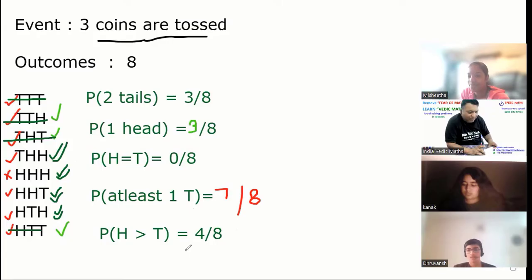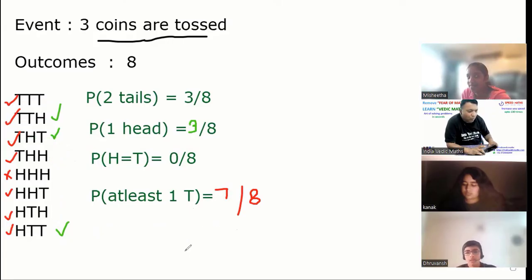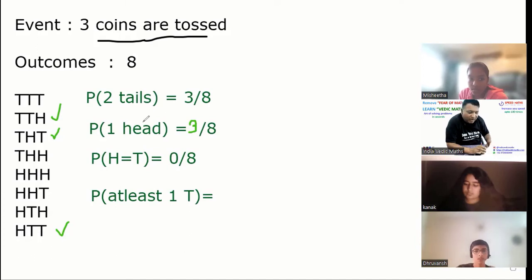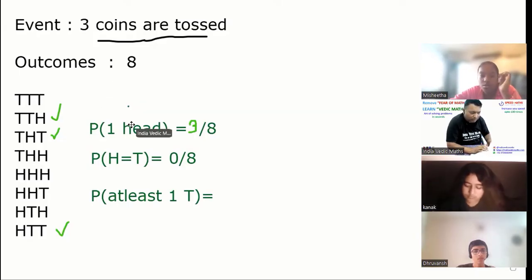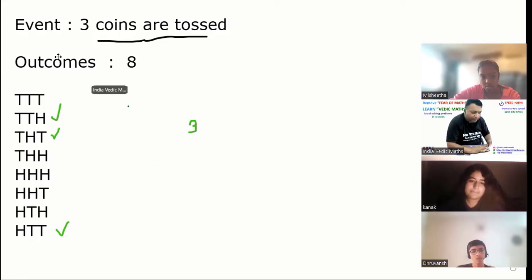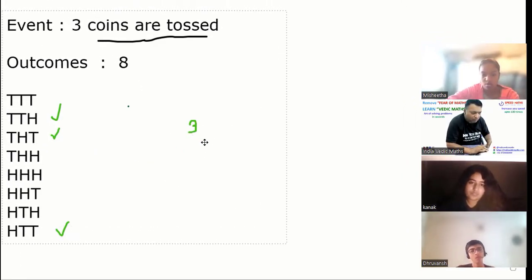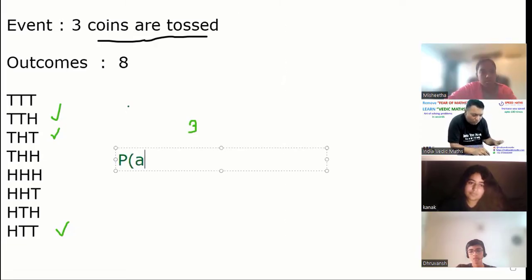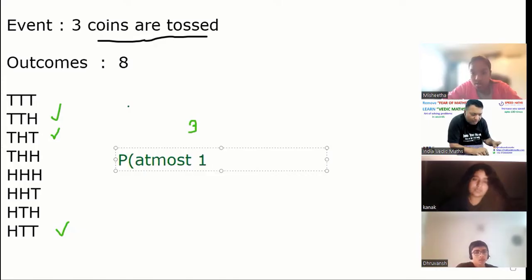What if I say, what is the probability of getting at most one head? At most one head. I'm going to write it, but you solve it. Probability of getting at most one head.